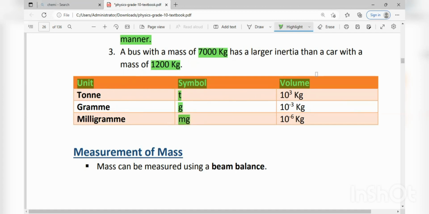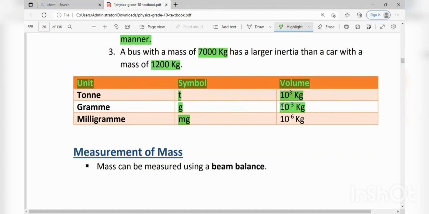Now, when you get 10 to the power 3 kg, how much is that? 10 times 10 times 10, 3 times, which is 1,000. 1,000 kilograms makes 1 ton, all right?